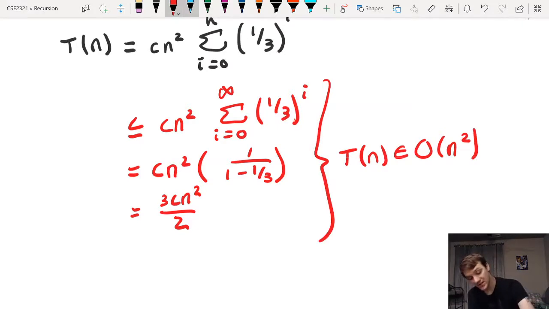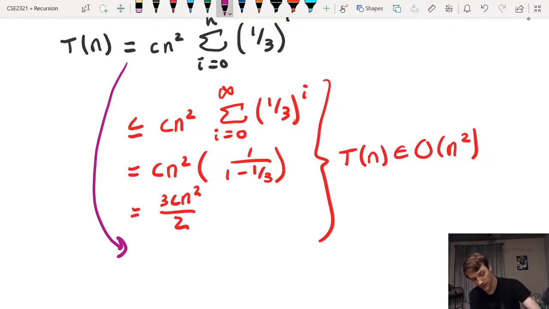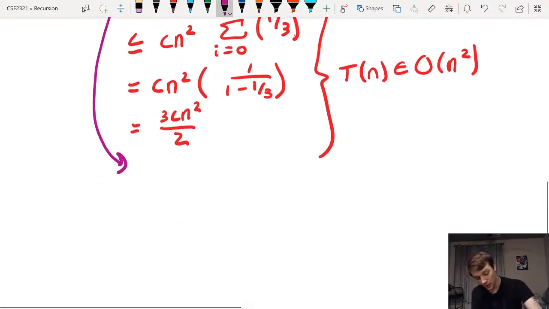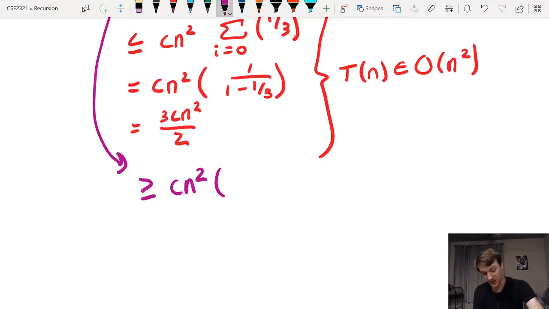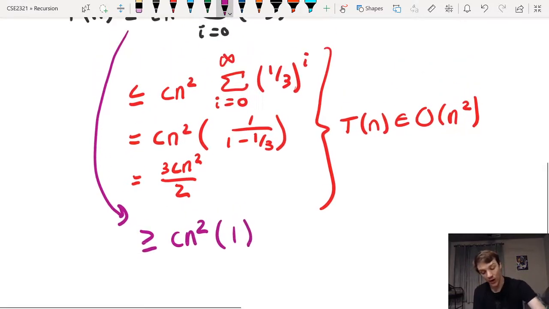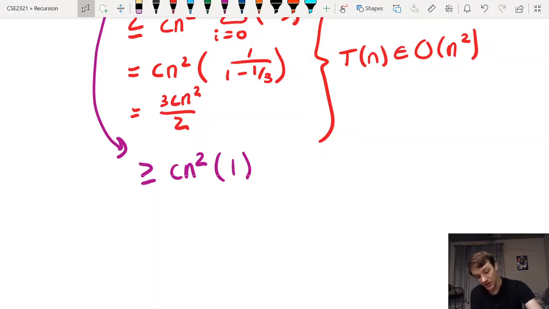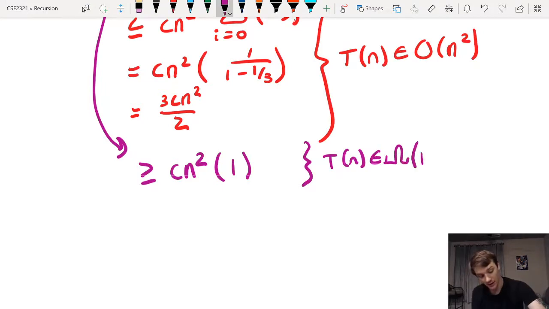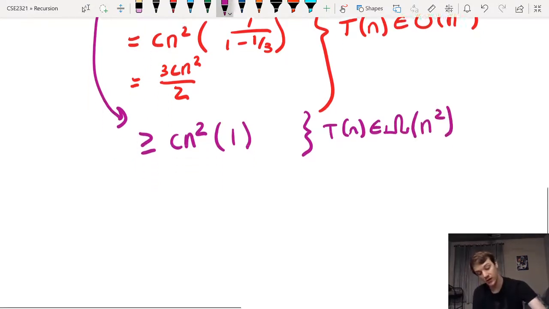If we want to bound this below, we'll do that in a different color down here. Bounding it below, what we do is we replace the entire summation with the first term of the summation, which is just 1. So this part here in purple shows that T of n is in big omega of n squared.